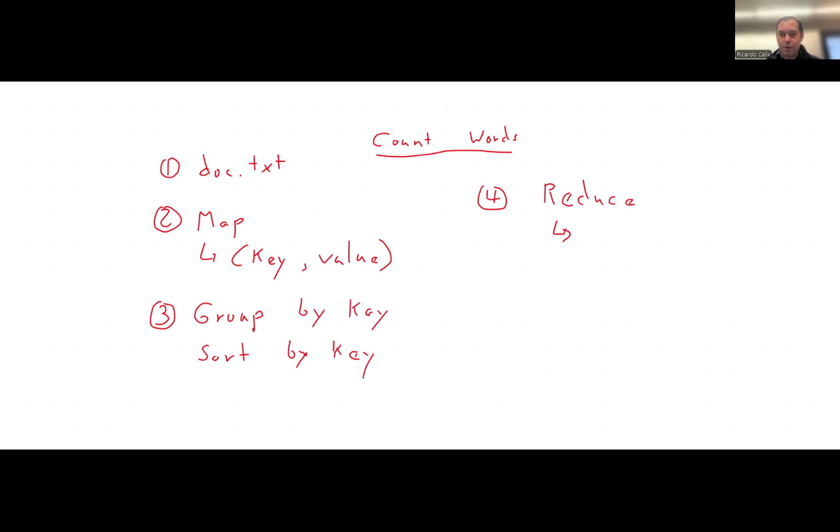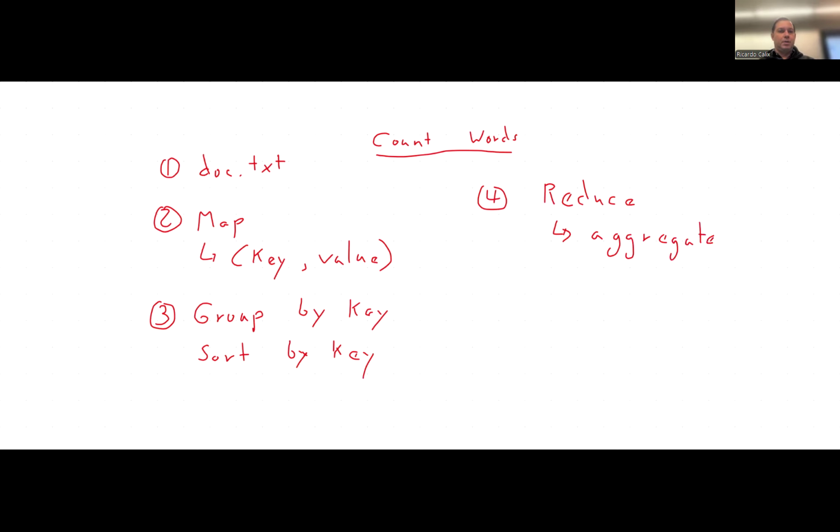Aggregate, summarize, etc. So those are the steps. Now let's try to visualize a simple example, and then we're going to switch over to the virtual machine and start writing our code for this. It should be pretty easy.